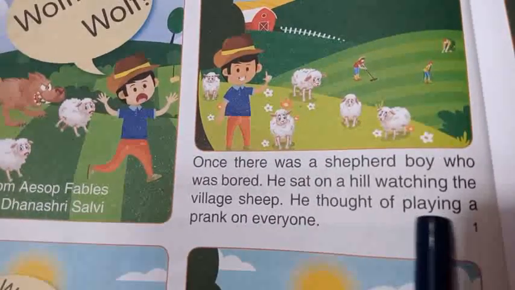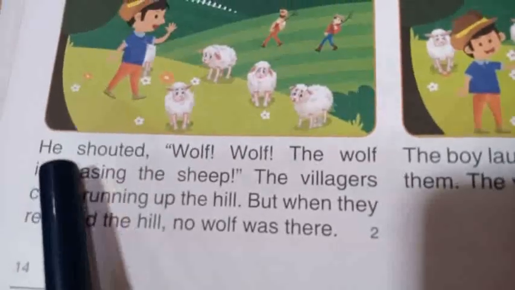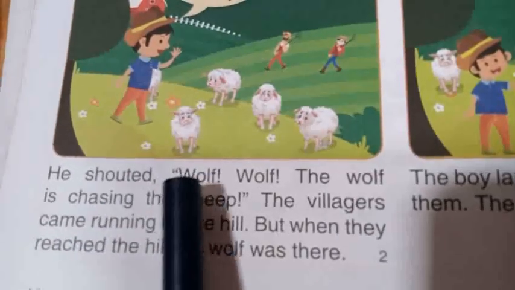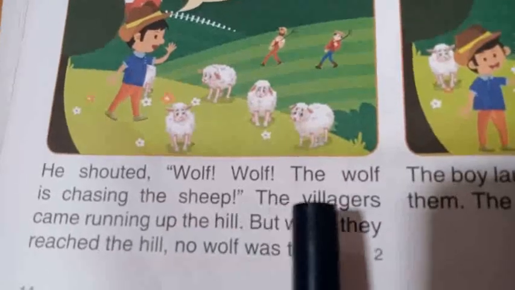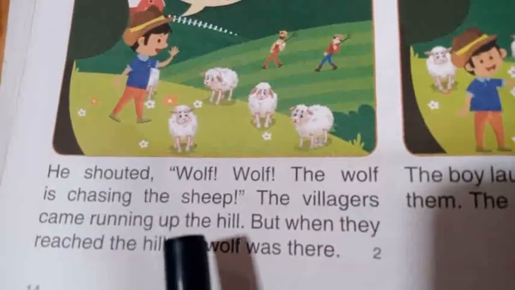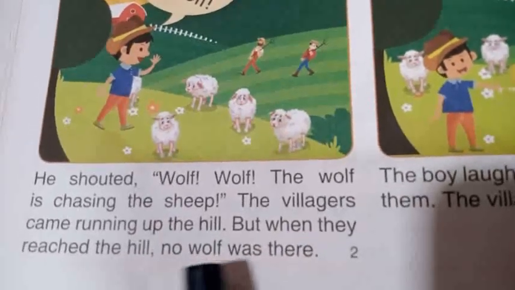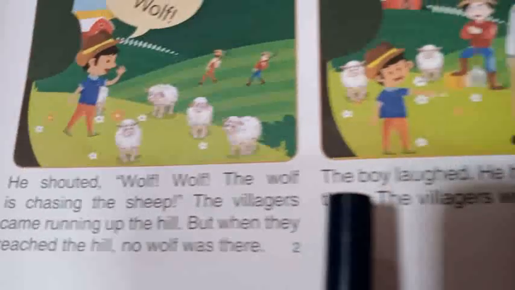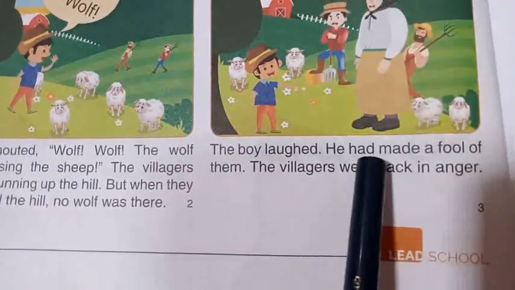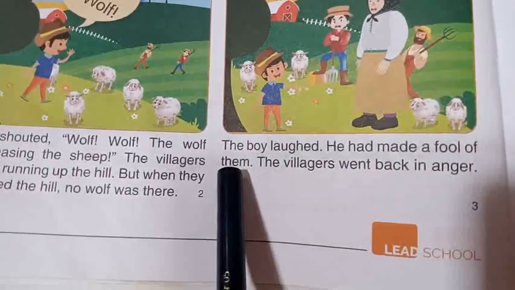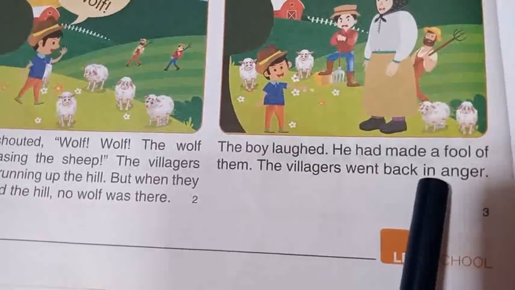He thought of playing a prank on everyone. See the second page. He shouted, "Wolf, wolf! The wolf is chasing the sheep." The villagers came running up the hill. But when they reached the hill, no wolf was there. The boy laughed. He had made a fool of them. The villagers went back in anger.